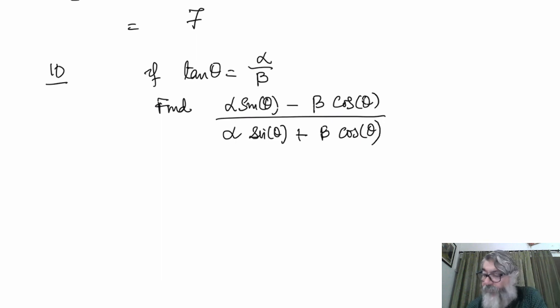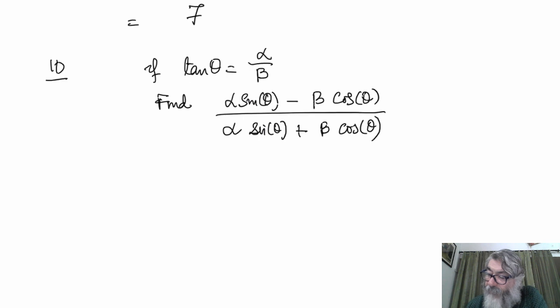Theta is positive. So what we do is divide numerator and denominator by cos theta.